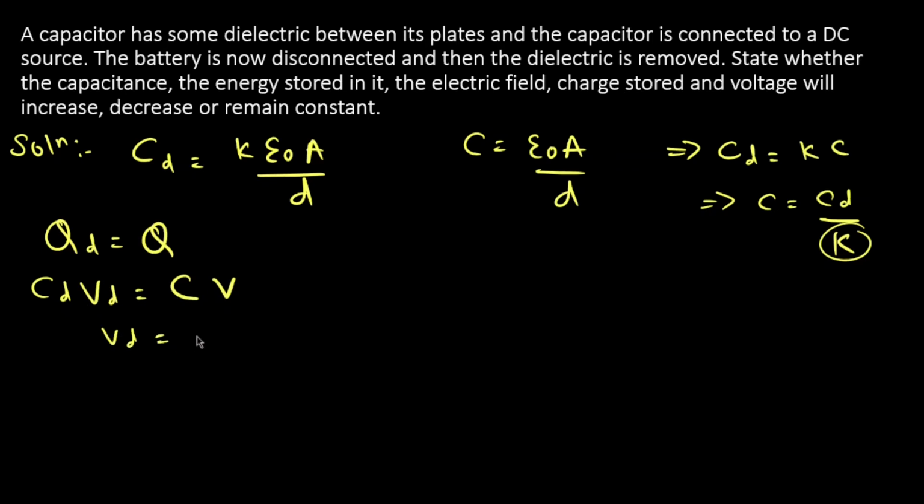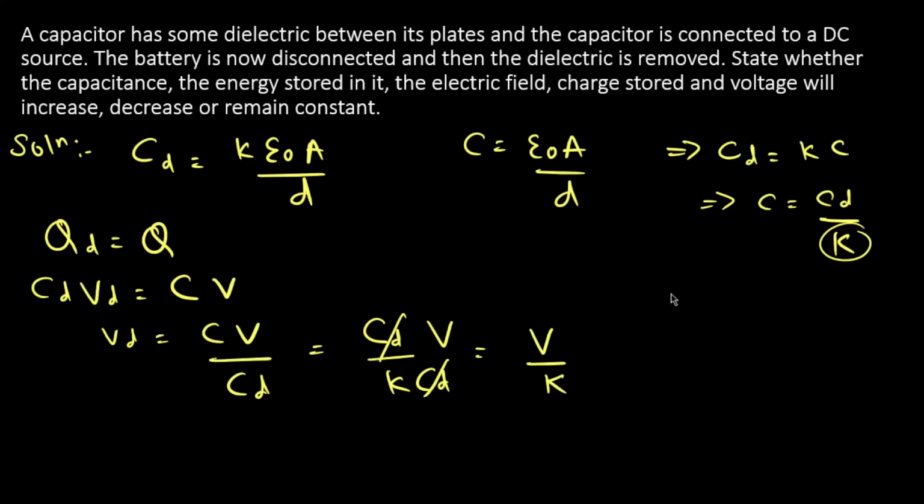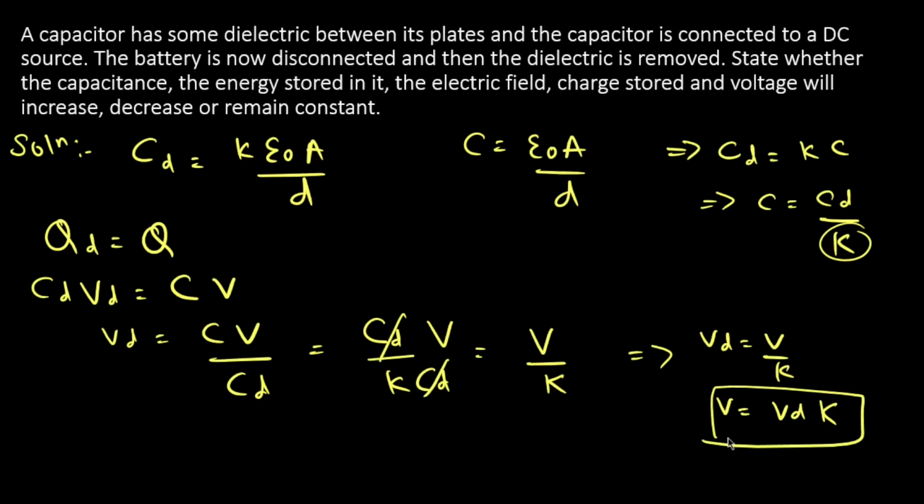So VD will be CV by CD, and C is given by CD by K. So CD by K into V by CD. CD gets cancelled and we get V by K, which implies VD is V by K, or we can say V equal to VD into K. So from here we can conclude that when the dielectric is removed, the potential will increase by a factor of K.